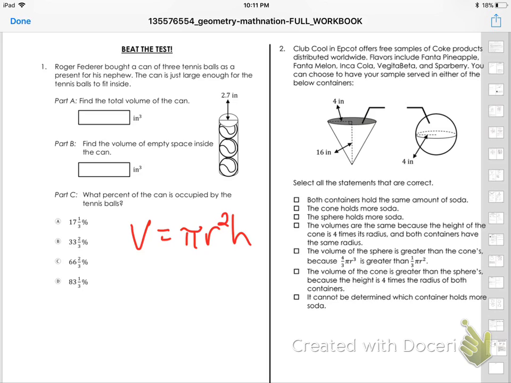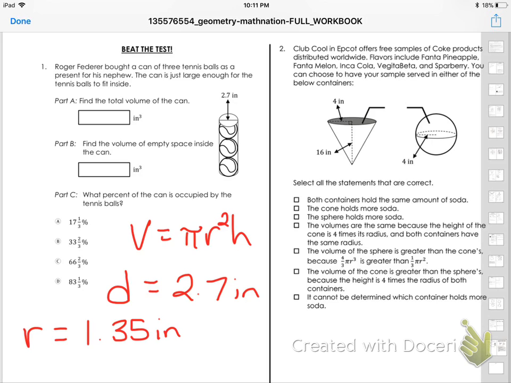We are only given that the diameter of the can is 2.7 inches. But we can find the radius from that. The radius is going to be half the diameter, or 1.35 inches.